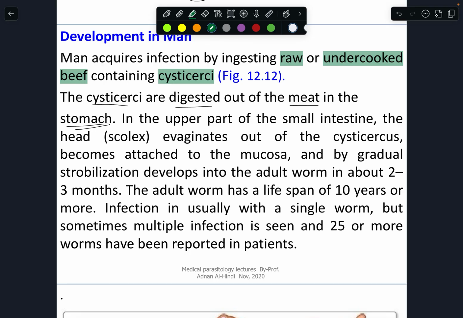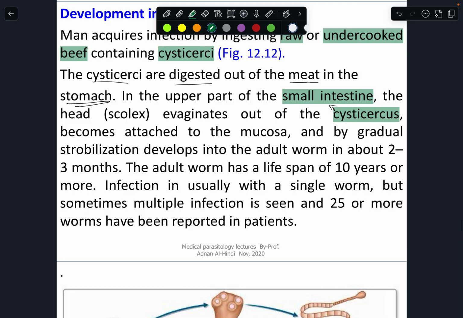In the upper part of the small intestine, the head, the scolex, evaginates out of the cysticercus and becomes attached to the mucosa.